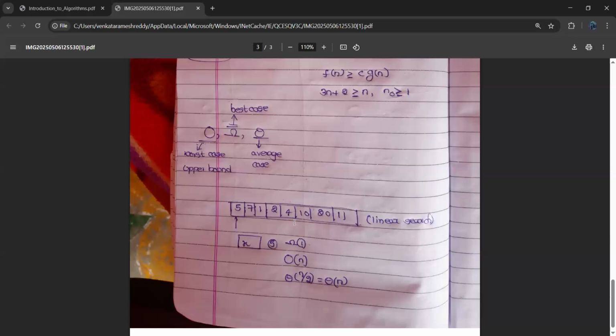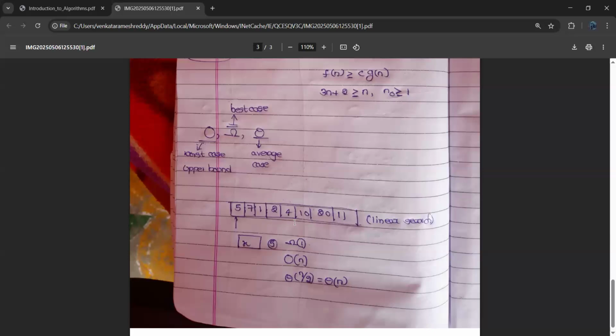Why it is called best case: in the order of one complexity only we are able to find this element. It means from the single search we are finding the target element. That's why it is called best case time complexity.